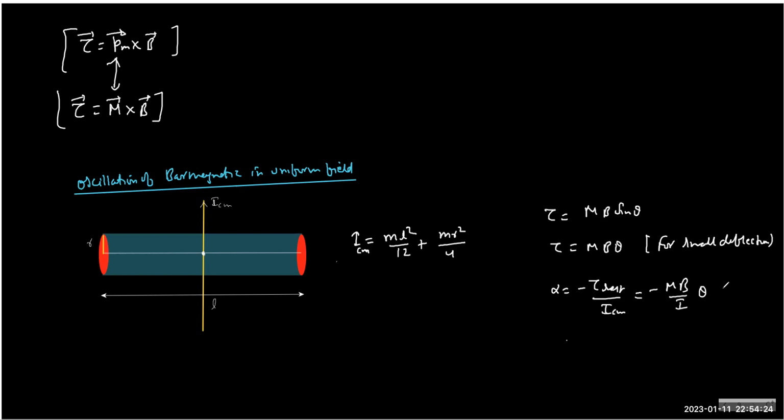Then you can compare with omega square theta. So omega is under root of mB by I. So time period is 2 pi by omega. So this is the answer. We have done this before. 2 pi under root. If you want to write in PM term, you can write PMB. That's okay.